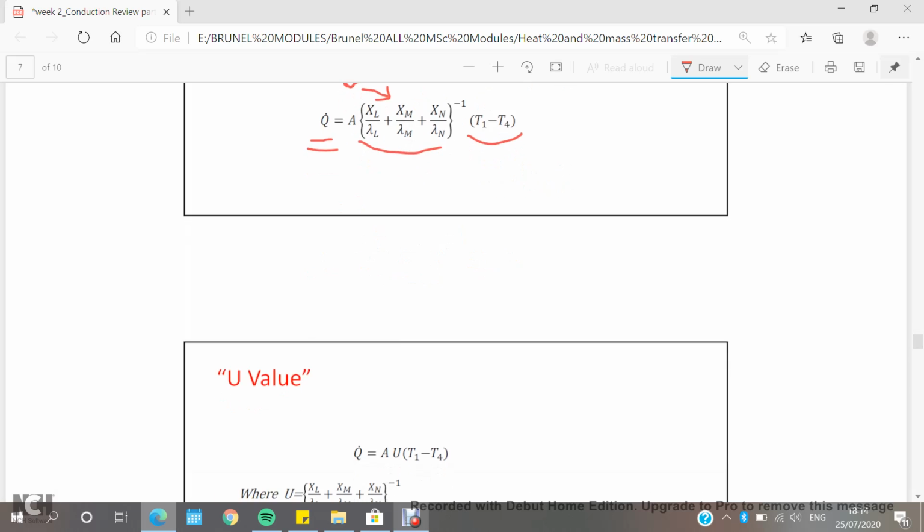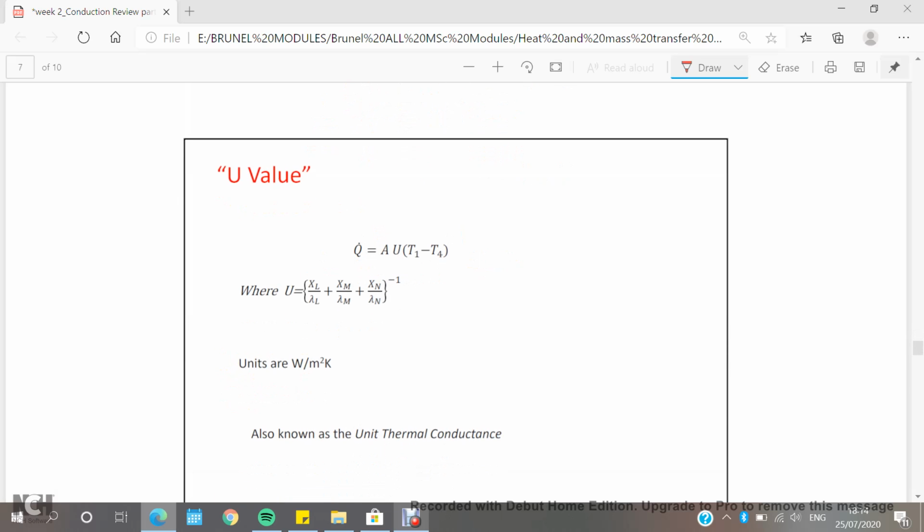So the U value is equal to the thickness of each layer divided by its thermal conductivity, the sum of all of these together, with a power minus 1. So it will be 1 divided by all of this term. Okay, perfect.